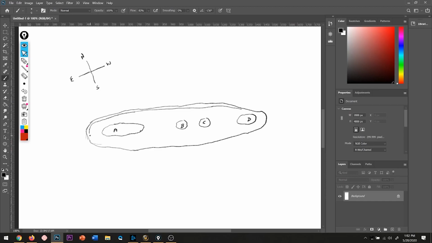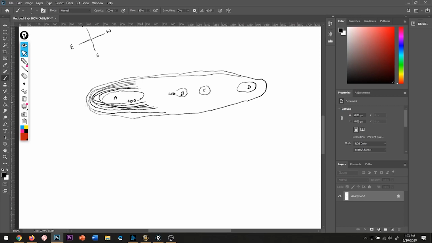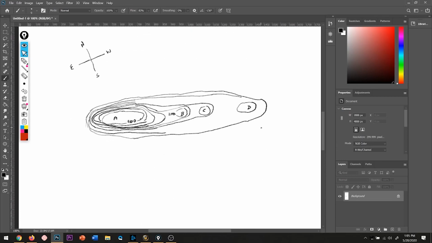So I'm going to go like this. 1. And there we go. Just kind of connect these in here. That is our topo map.